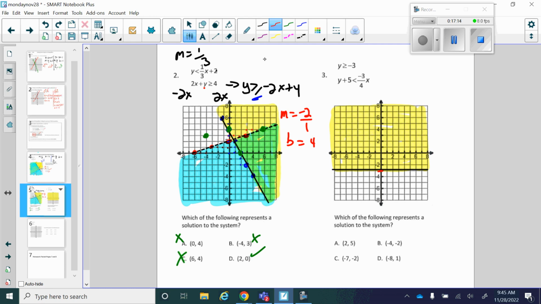All right. The next one: here I have to solve for y. You notice I have a y plus 5, so I'm going to subtract 5 on both sides. That gives me y is less than minus 3 over 4 x minus 5. So for that second equation, my starting point is minus 5.